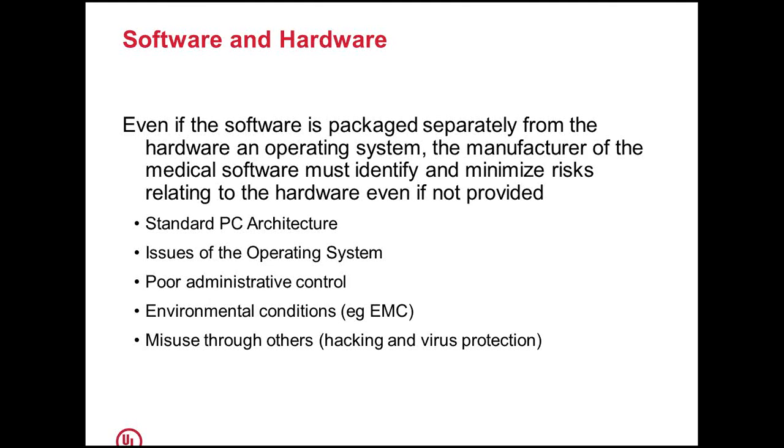It needs to support any issues with respect to the operating system and the handshake with the DLLs and administrative control, information security, and environmental conditions, in which environment the hardware will be placed, for example electromagnetic interference, and misuse through others, hacking, virus protection, etc. So the manufacturer of the software needs to consider all these areas where the hardware is going to play an important role in the functioning of the software.